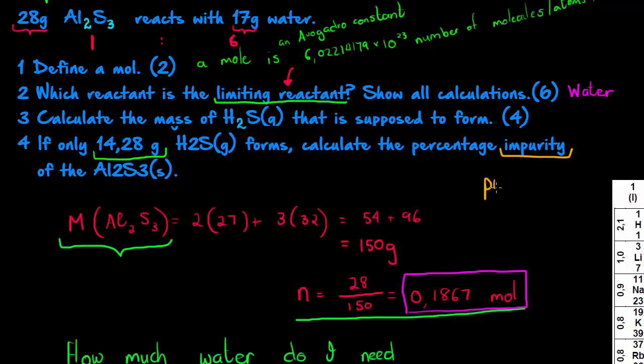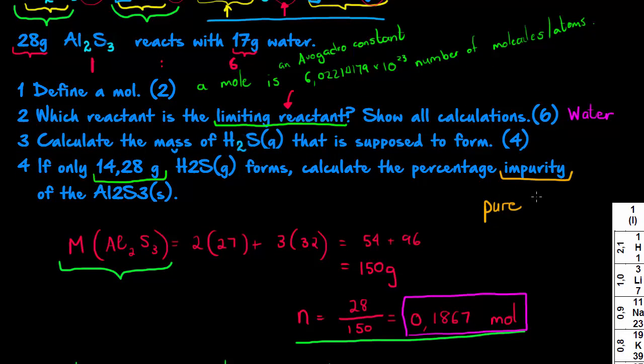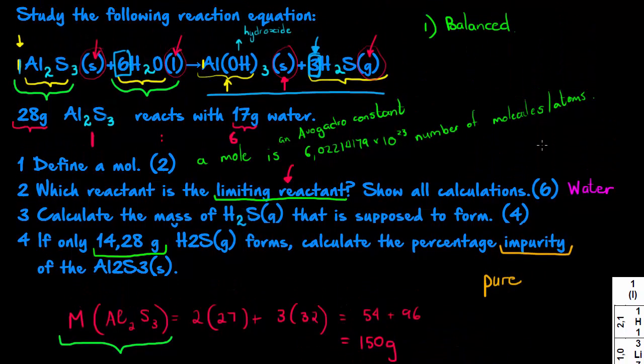If I had purely products in the end, in other words, only aluminium hydroxide and only dihydrogen sulfide, then I would have a pure product.